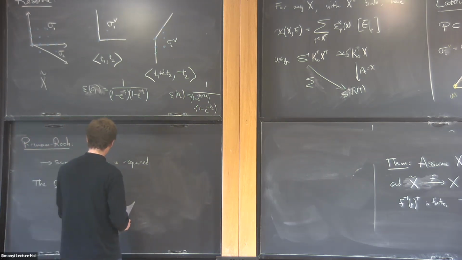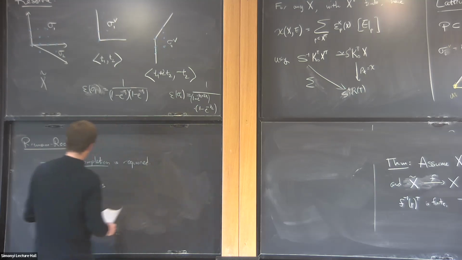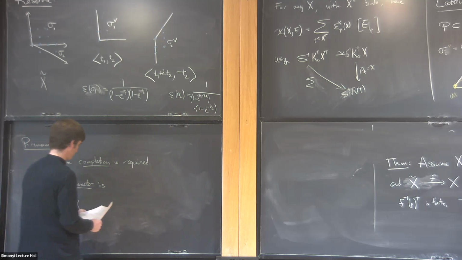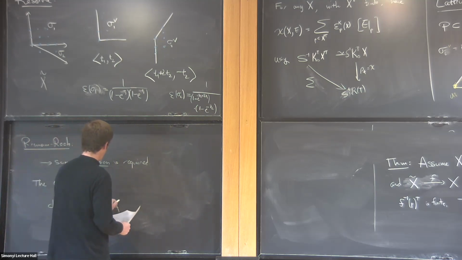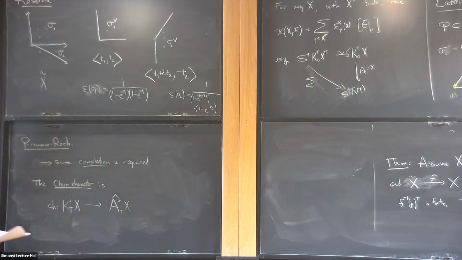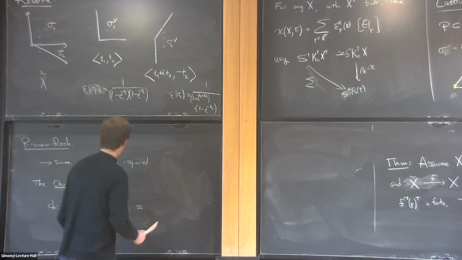So the equivariant Chern character is going to be a map from K-theory to some completion of Chow groups.